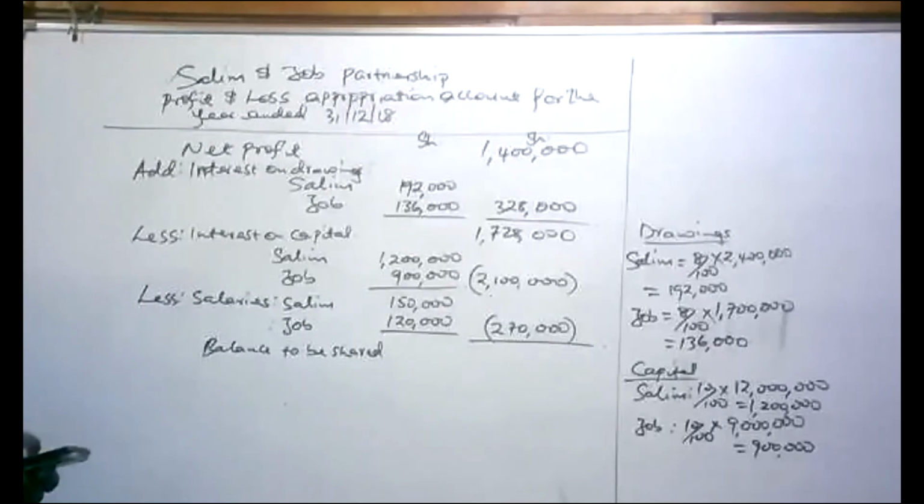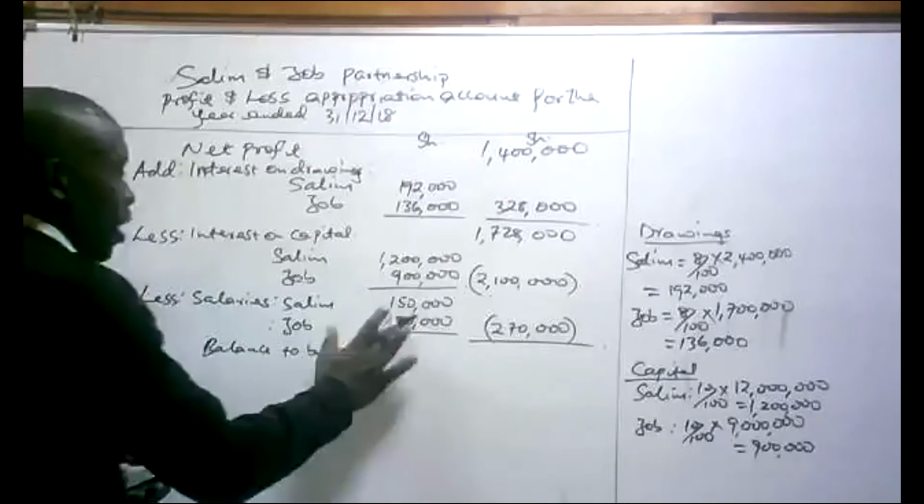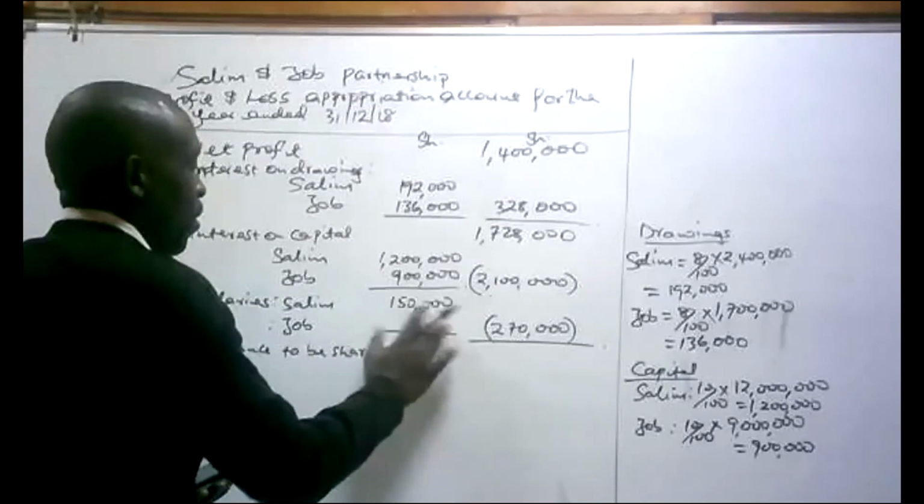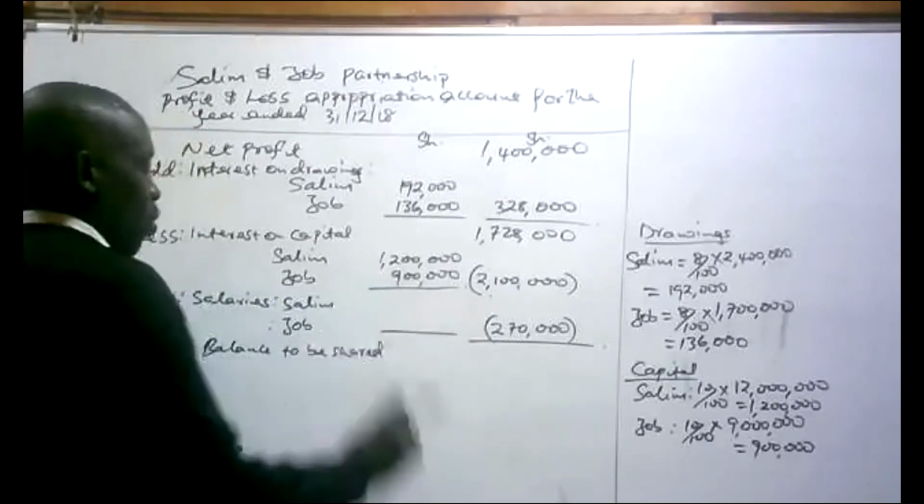Teacher, the salaries given in the note are monthly salaries. Aren't we supposed to multiply by 12? Thank you for noting that. Actually, we cannot record this as is. If it is monthly, we make it annual.